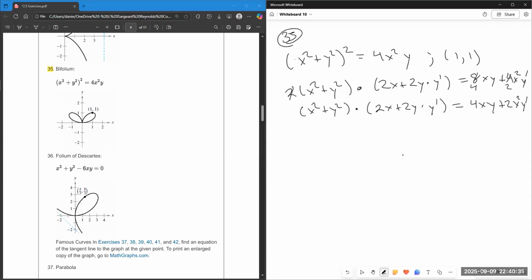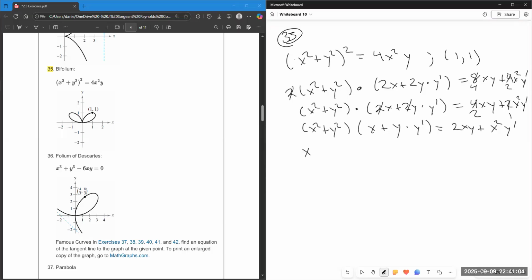There's still a common factor of 2 in everything. 2, 2, 1. (x squared plus y squared) times (x plus y times y prime) equals 2xy plus x squared y prime. So now we're going to distribute to get rid of these parentheses.